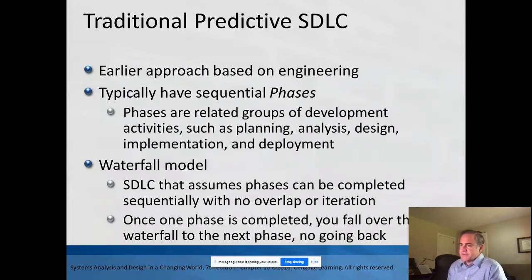So this assumes that there's no overlap or iteration. So you're not going to be looping back and saying, okay, we're going to deploy kind of a beta version, and then we're going to go back and replan and reanalyze and redesign. Let's assume that won't happen. What you release is the final product, is what the assumption is.